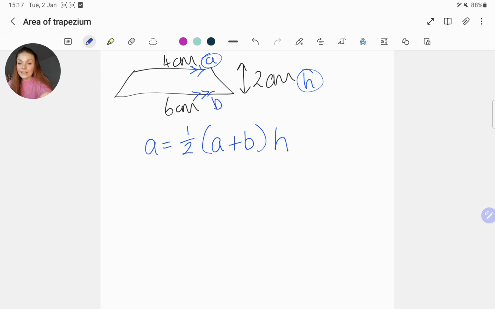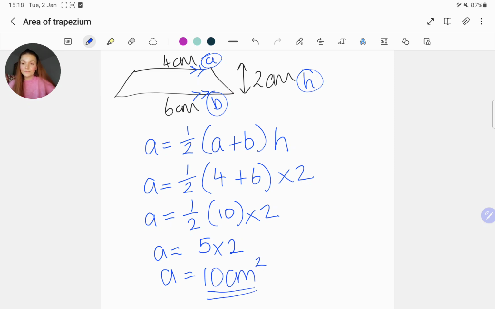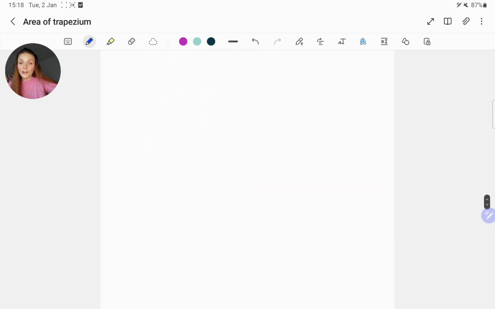You can go ahead and label those. Area equals a half of 4 plus 6 times 2. 4 and 6 is 10, half of 10 is 5, times 2, so area equals 10 centimetres squared. Everything's easy when you know how.